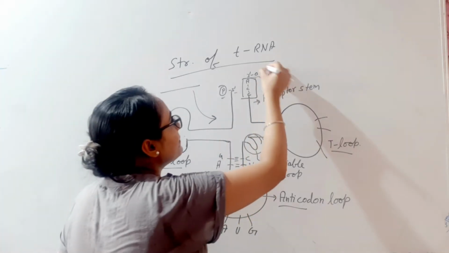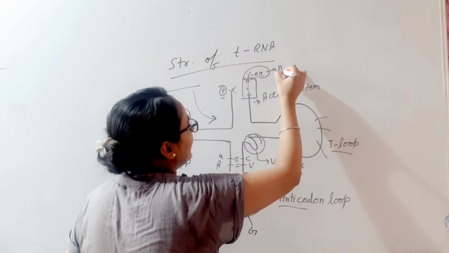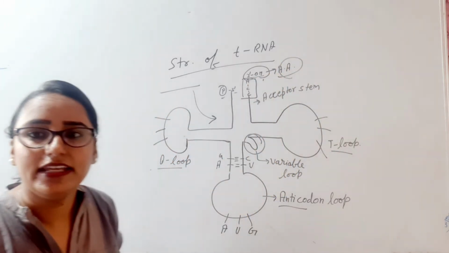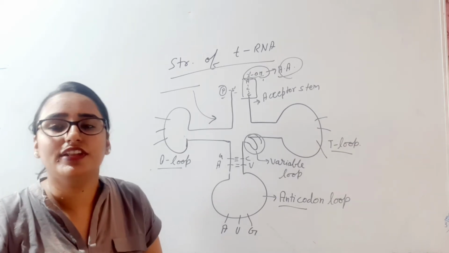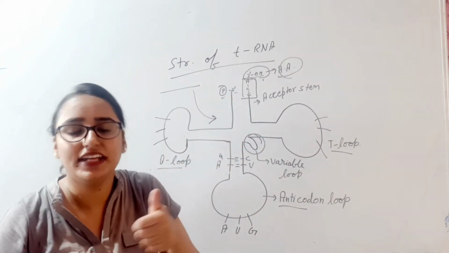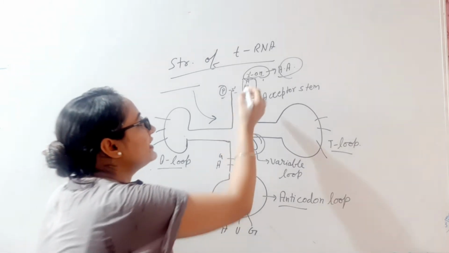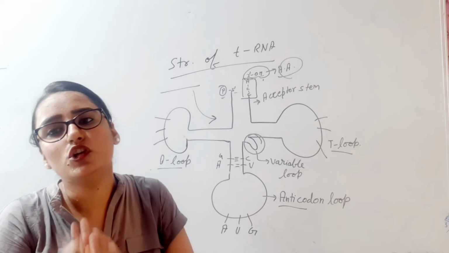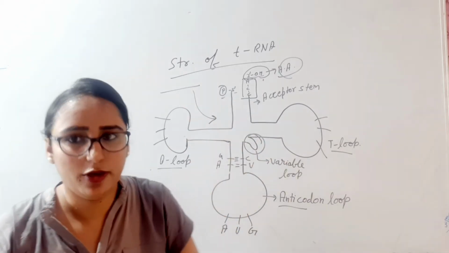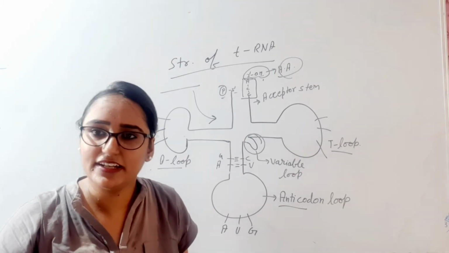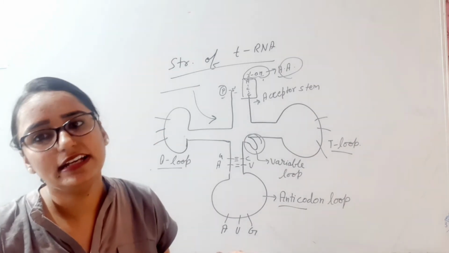At this 3' end the amino acid gets attached to the tRNA, and this ACC is not base paired with any nucleotide at the 5' end.